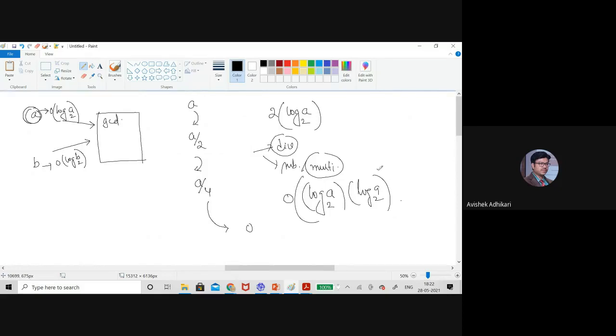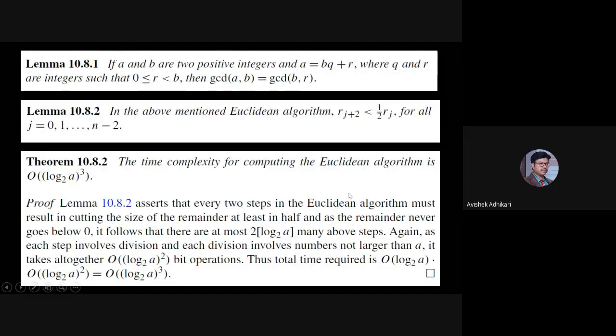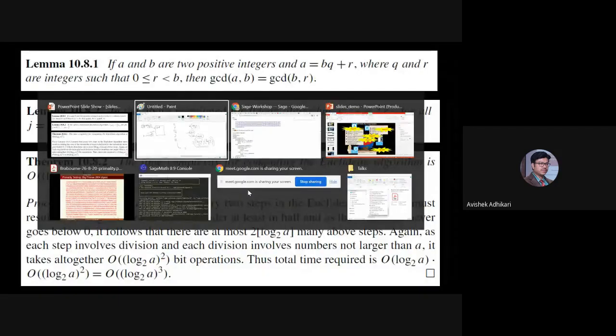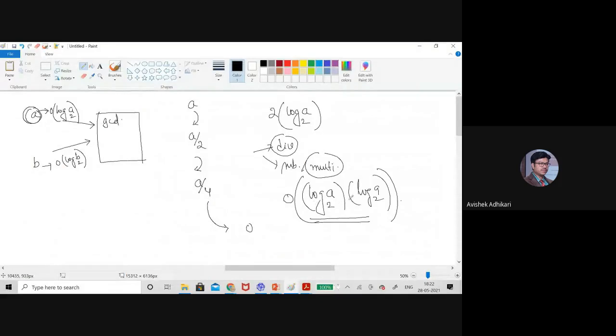So this is your dominant term. This division or multiplication complexity is dominating the whole algorithm, and that value is nothing but log A base 2 whole square.